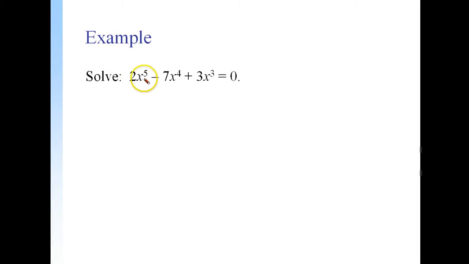We factor out the greatest common factor, which here is going to be x to the 3rd. Which leaves us with 2x squared minus 7x plus 3.